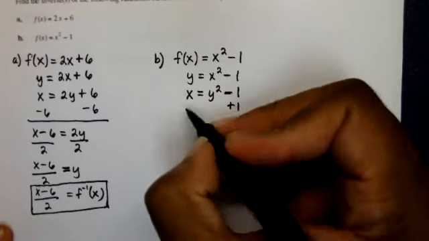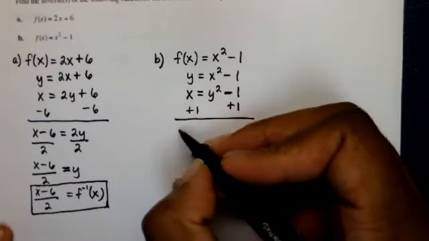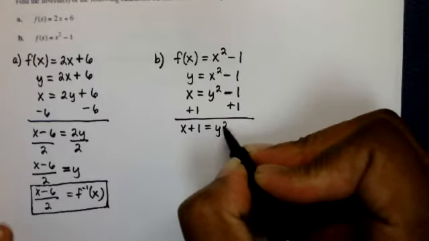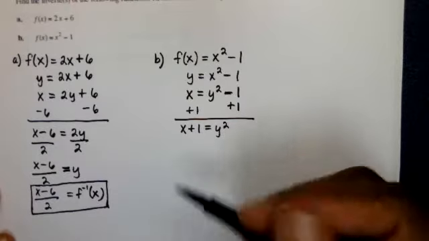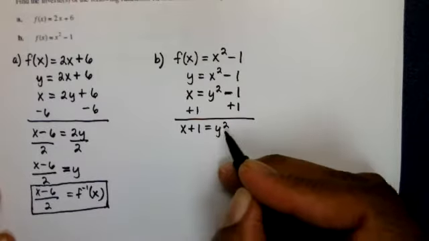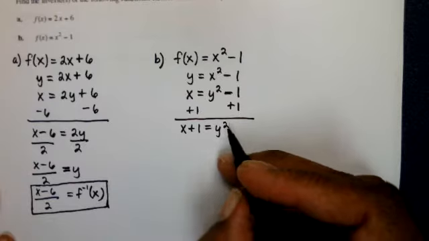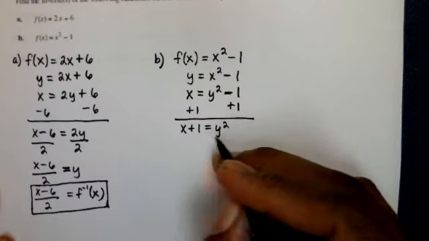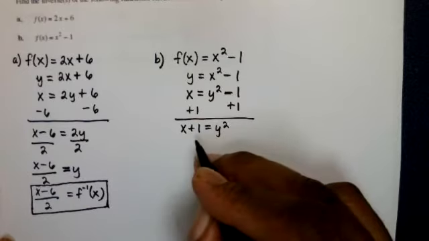So I first add 1 on both sides. So it'll be x plus 1 is equal to y squared. Now, if you look at this equation right here, notice that the exponent for y is 2, an even power. So that would tell me that this would not have a function. And in fact, it would not have an inverse function if it was just this.